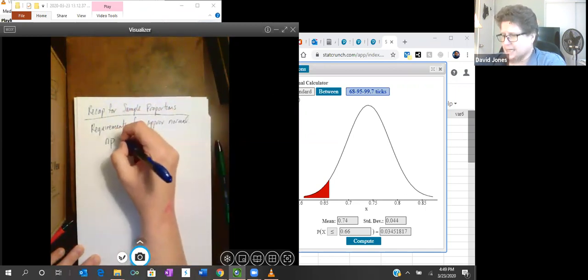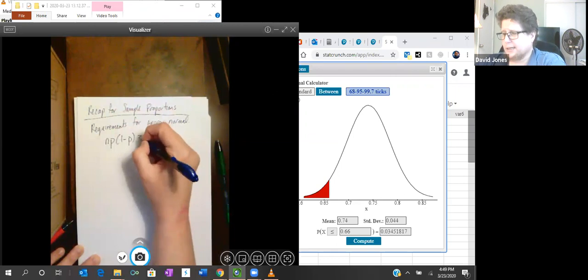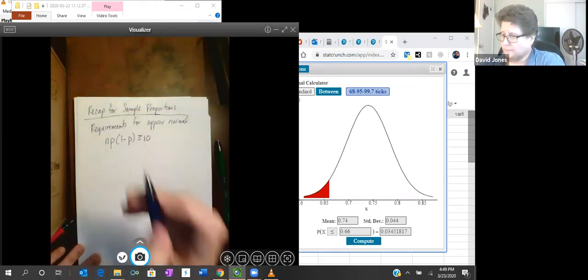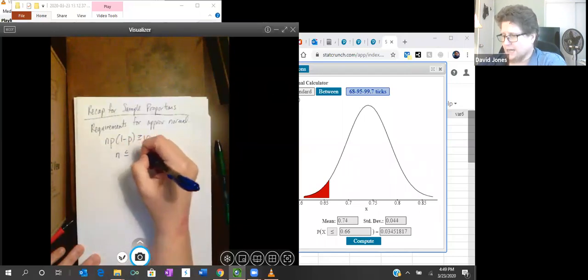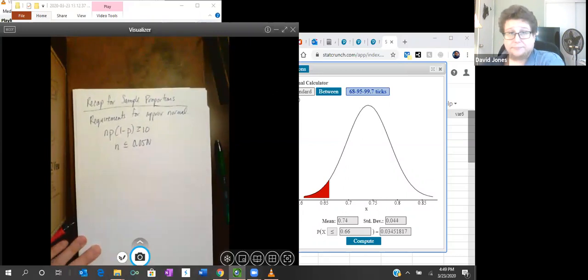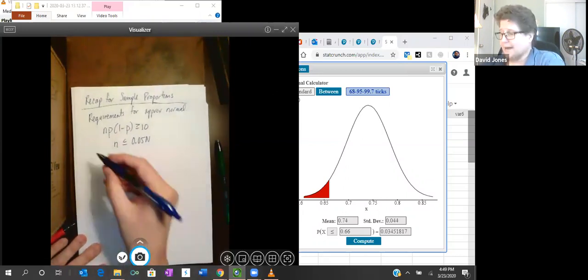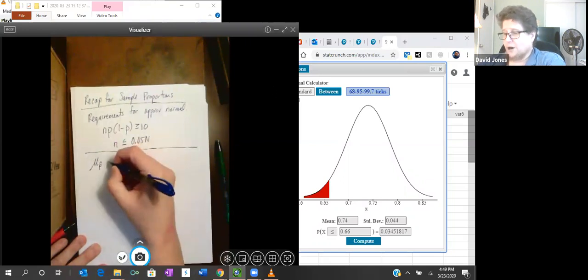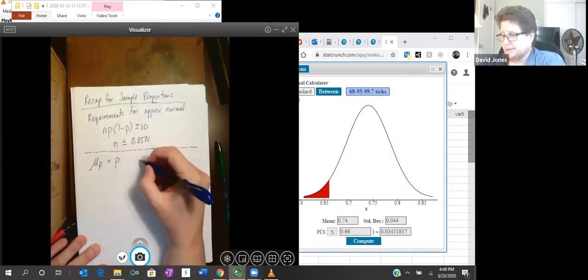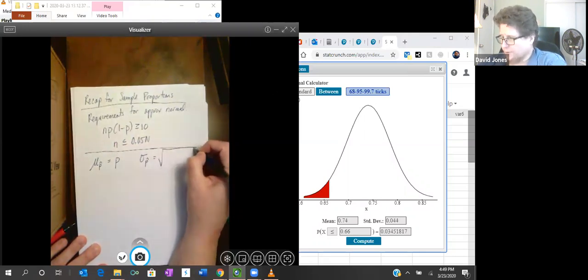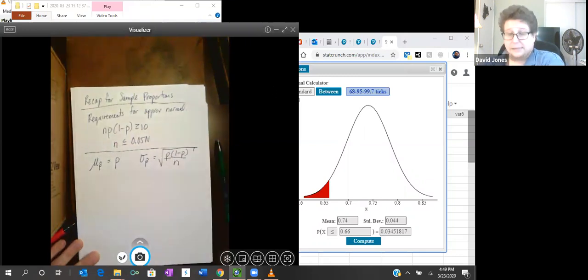We want n times p times 1 minus p to be greater than or equal to 10. We want our sample size to be less than 5% of the population. If we have that, our mean is just p, and our standard deviation is the square root of p times 1 minus p over n.